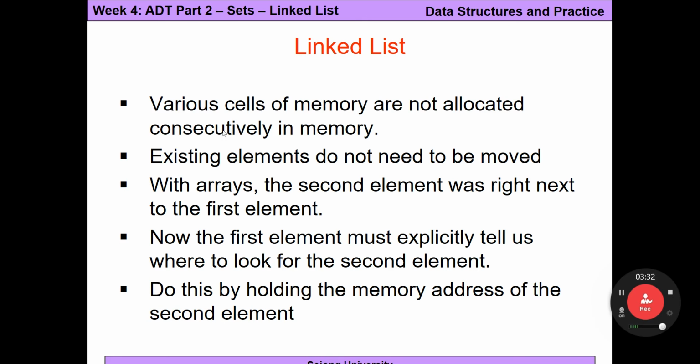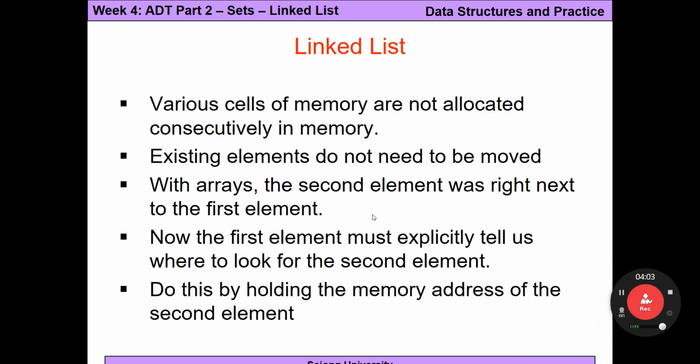In the case of a linked list, it is not necessary that a complete chunk of memory is allocated at the same place. Existing elements do not need to be moved. As I discussed already, we don't need to move all the elements to insert or remove an element.